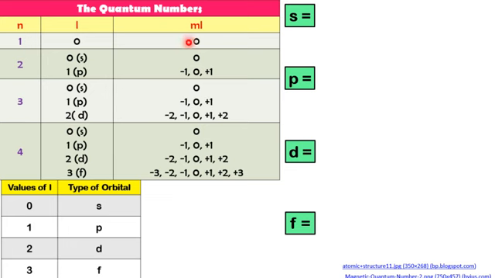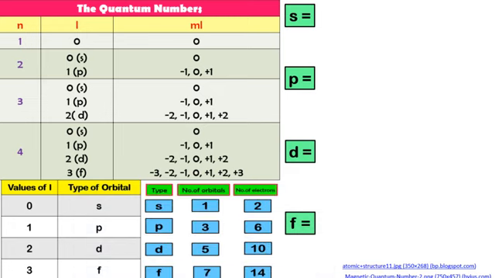What is the connection of ML to L? There is a big relation between the two. Let us see. Using this figure, you can detect how many orbitals are present in the S, P, D, F, because it has something to do with the ML. So in the S, we only have one orbital represented by one box.